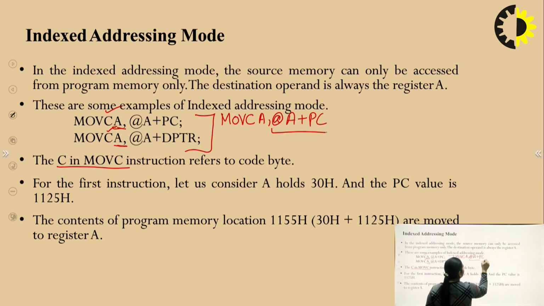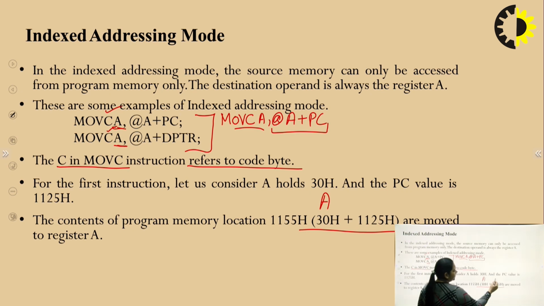So the accumulator plus program counter will give some address, and the data at that address will be copied to the accumulator. So A here is our code byte. Suppose the content of the accumulator is 30 and 1125 is the content of the program counter.